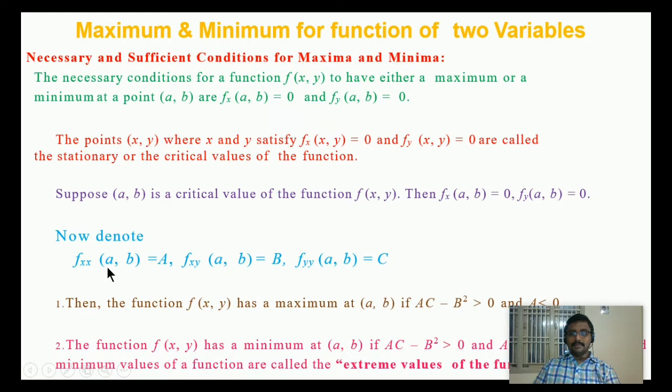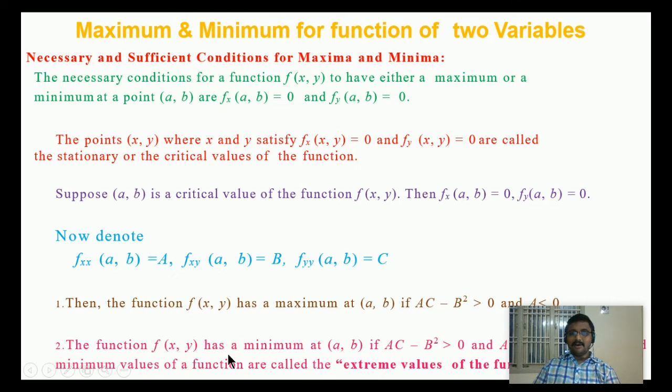Now denote fxx at (a,b) as A, fxy at (a,b) as capital B, fyy at (a,b) as capital C. Then the function f of x,y has a maximum value at the point (a,b) if AC minus B square is greater than 0 and capital A is less than 0.